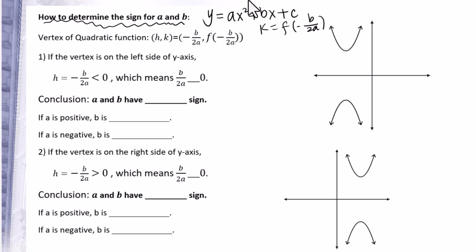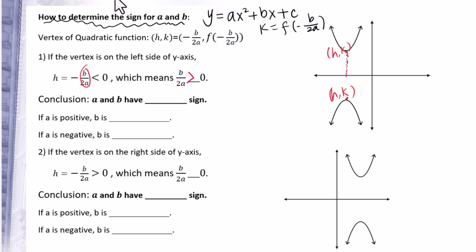If you are given a graph where the vertex is on the left side of the y-axis, like this diagram, the vertex x-coordinate is negative. h equals negative b over 2a less than 0, which means b over 2a is positive.